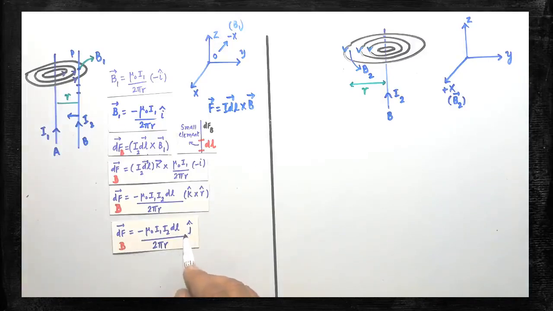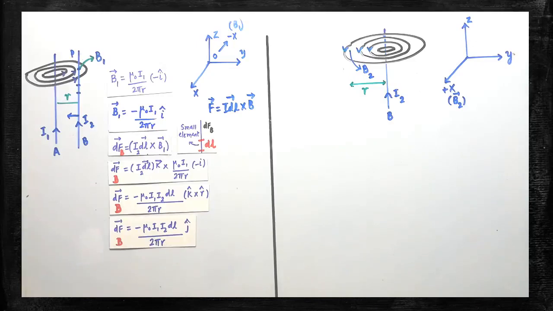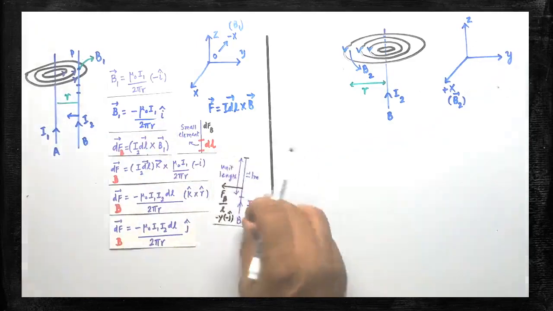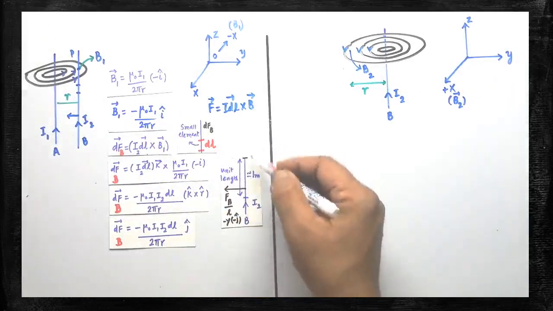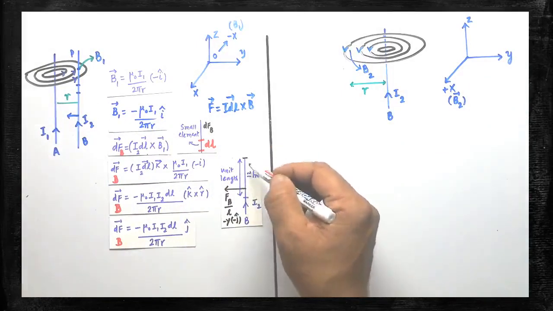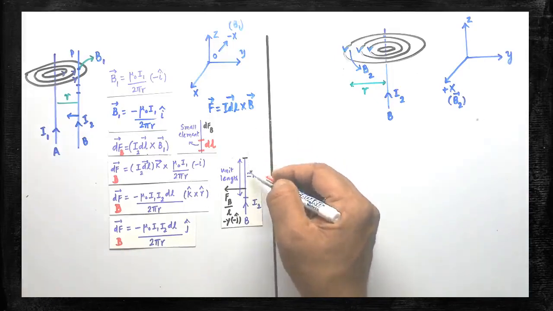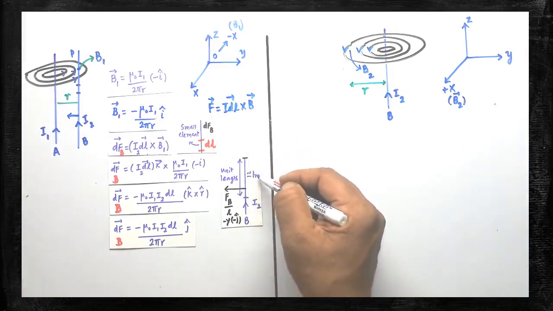Are you clear? Now, look at that, very important one. So far the force is measured only in the small element. Now we have to calculate the force per unit length. Look at the diagram. In this entire wire, let us take a unit length. It's an infinitely long wire, so you have to take a 1 meter length.